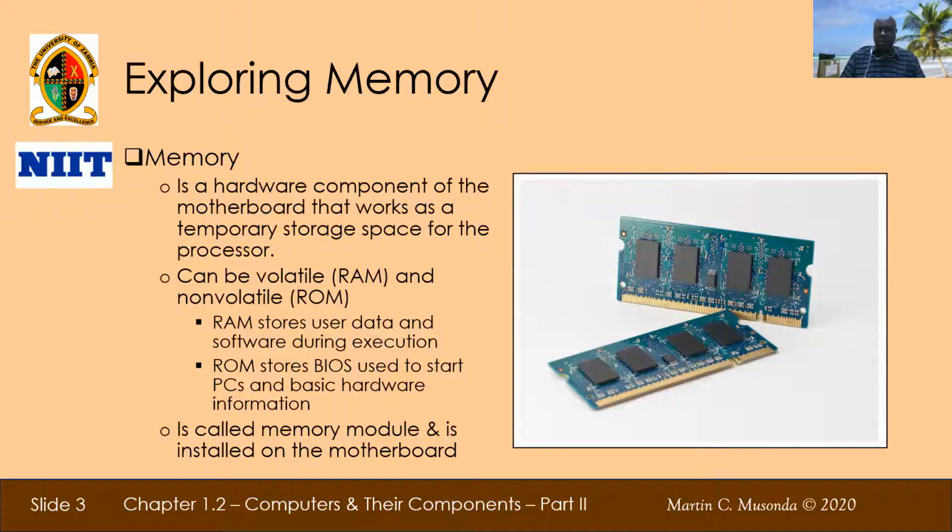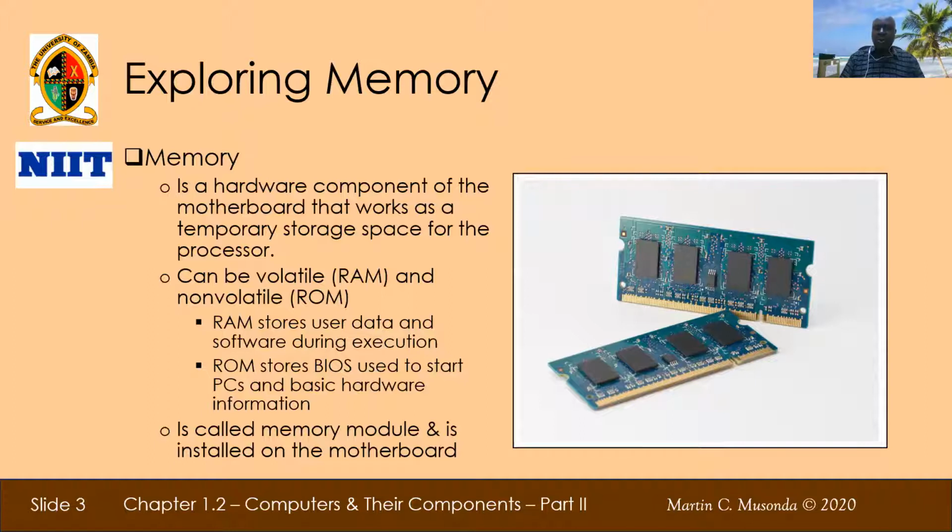random access memory is said to be volatile. That is, it will only store data and software while power is supplied. So when power is turned off, the contents of RAM are lost, are removed.